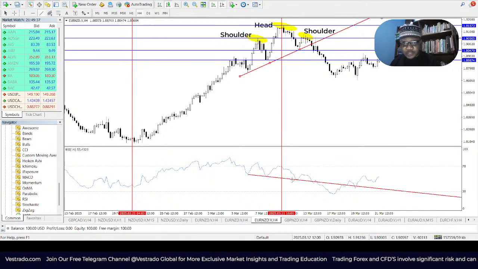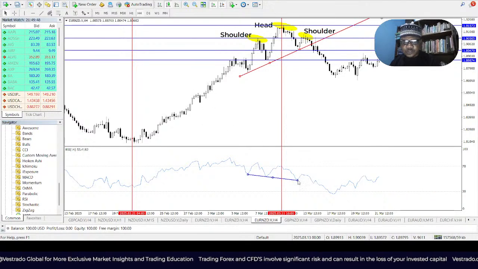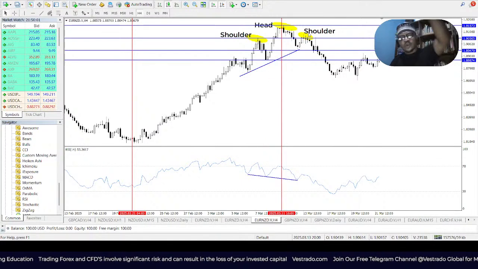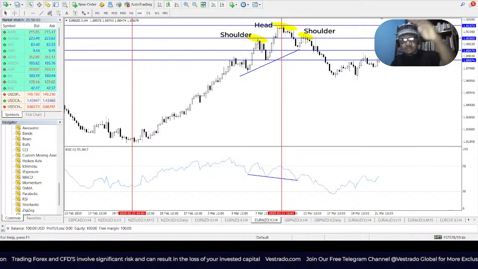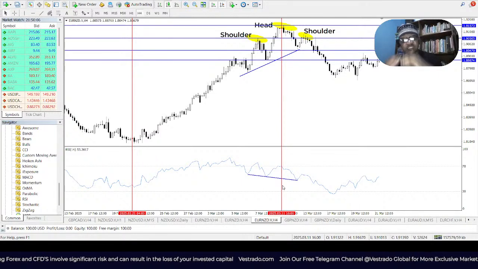If you connect the lower waves on the RSI rather, and also connect the lower waves on price, what do you have? Divergence. Price is telling us up, following this line right here, and then the same line connecting the same waves on RSI. Price is telling us is going down.